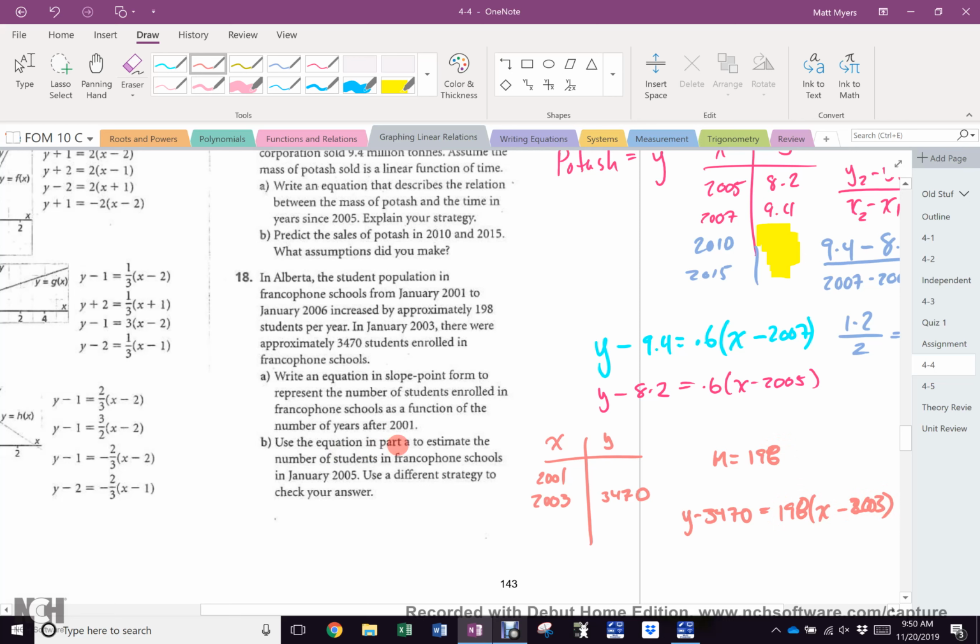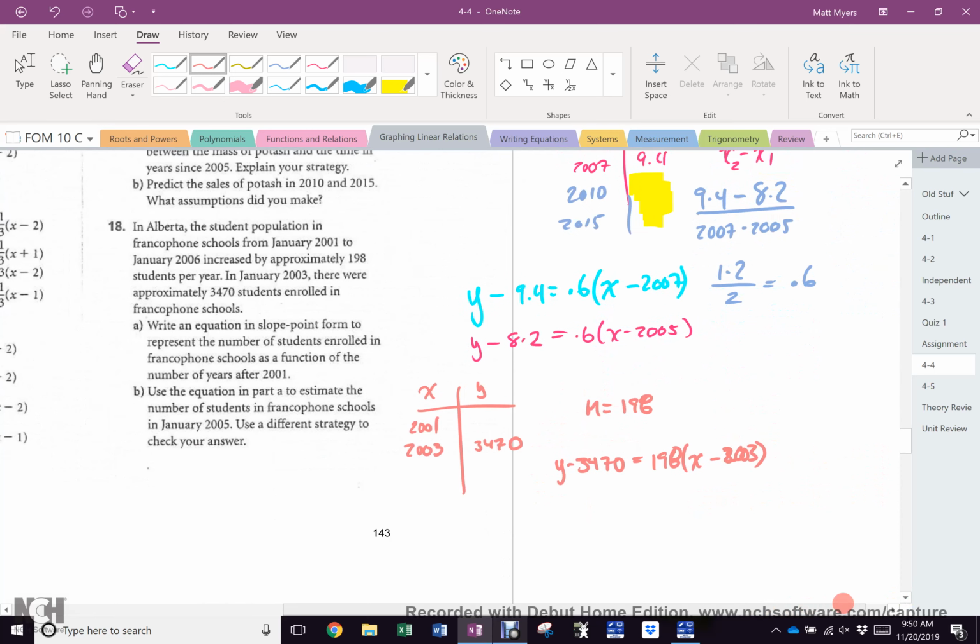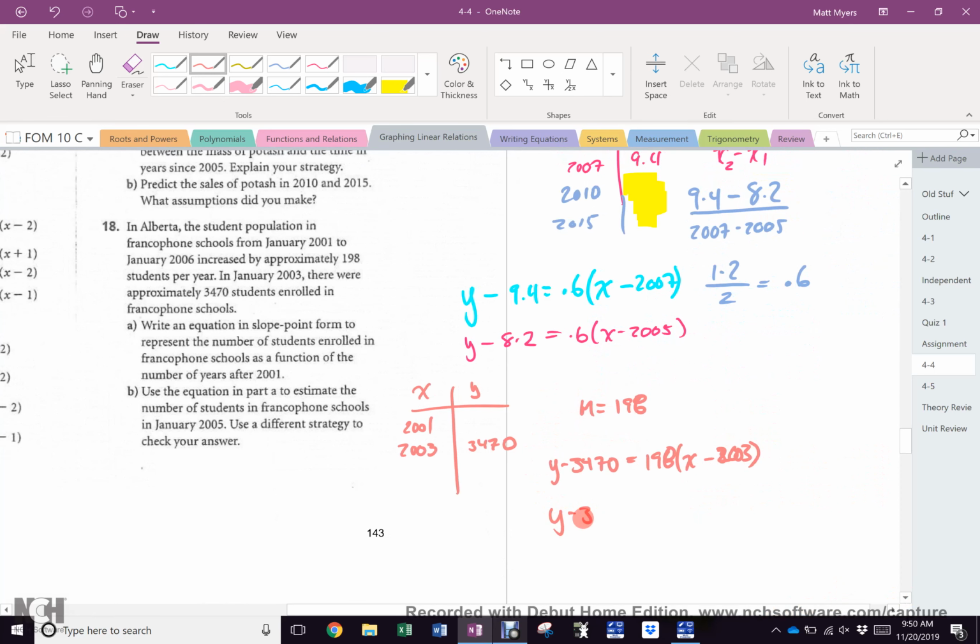Use the equation from part A to estimate the number of students in January 2005. Where does the 2005 go? For x. So it's going to look like this. Y minus 3,470 equals 198 times 2005 minus 2003, right?